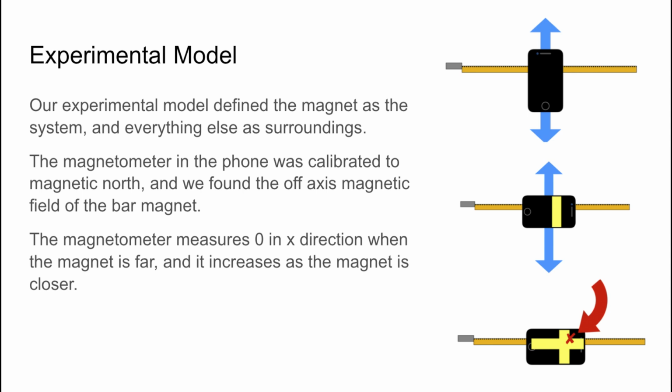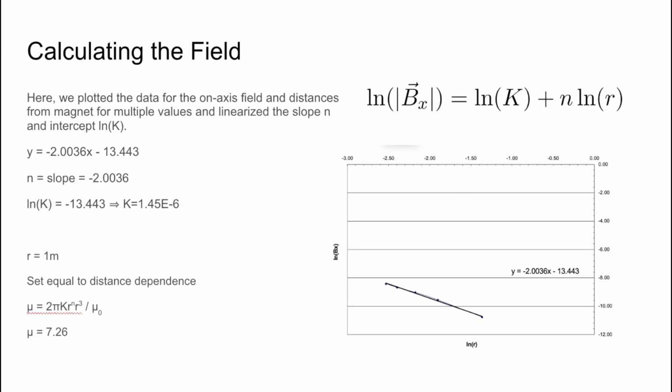So when it's considered a far distance away, the denominator gets really big, and the field goes to 0. As r decreases, the vector gets smaller, and the number gets bigger. Calculating the field.